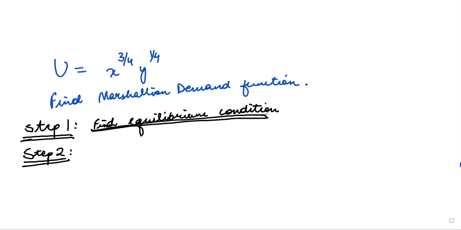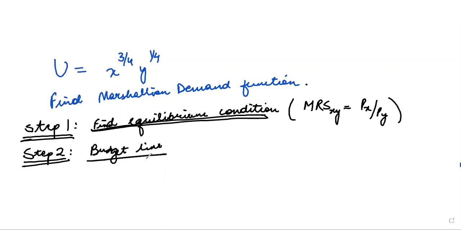How do you get this equilibrium condition? You get it by equating MRS to PX by PY. So you derive the equilibrium condition, and once you derive this, you substitute it in the budget line and you find out X star, Y star.